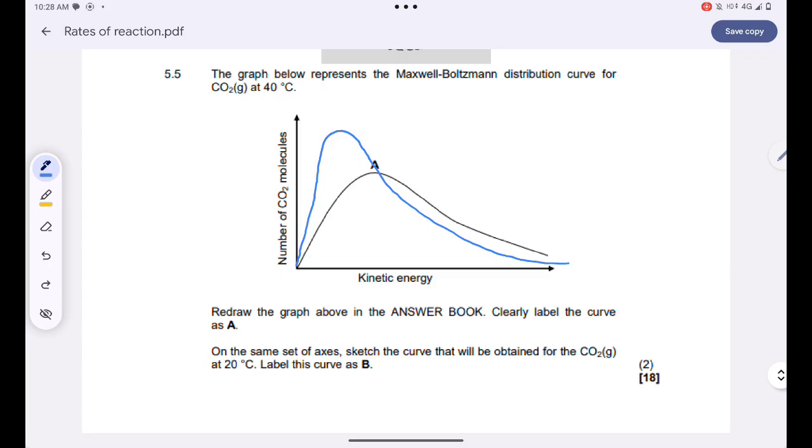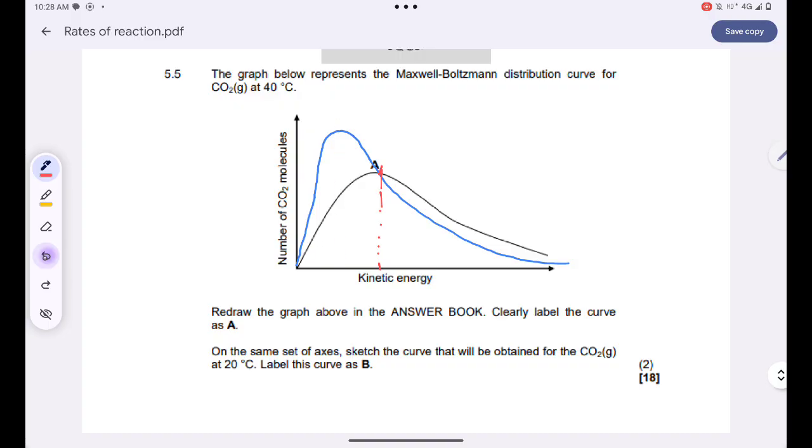Are you together? And now remember that, guys, I said to you initially, whenever you increase temperature, the average kinetic energy of particles increases, and the opposite is true. If you decrease temperature, the average kinetic energy of particles also decreases. Now, initially, the average kinetic energy was over here at the peak, but at a lower temperature, the average kinetic energy will now be here.